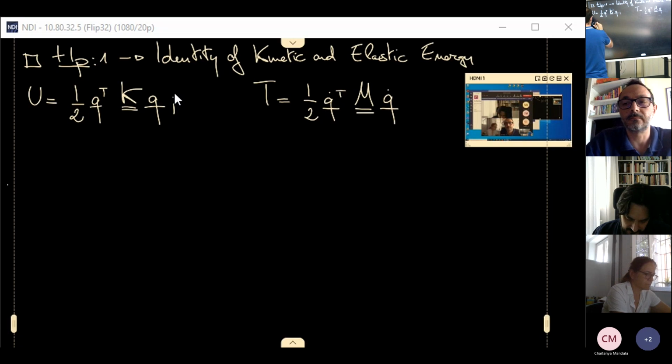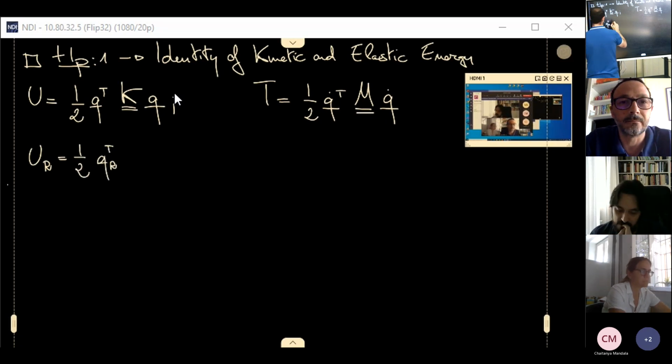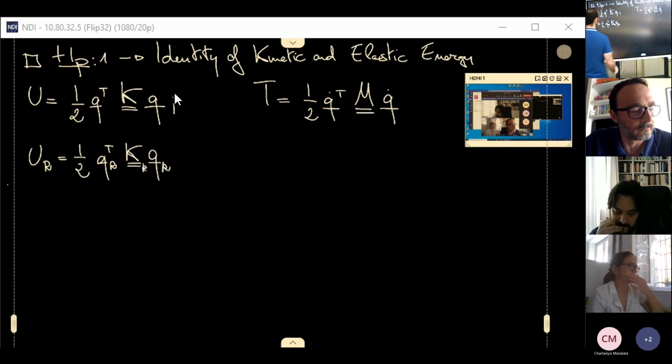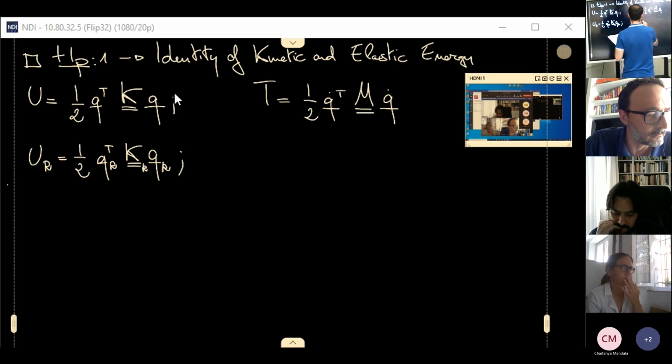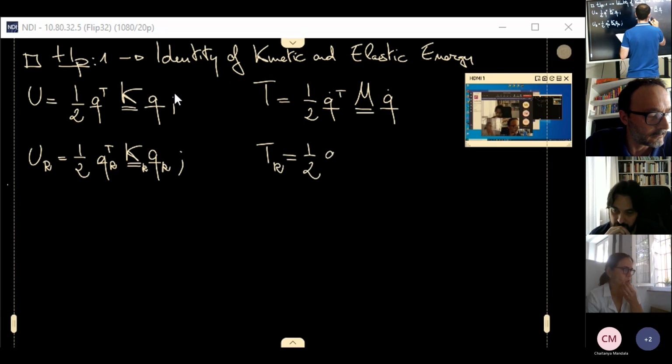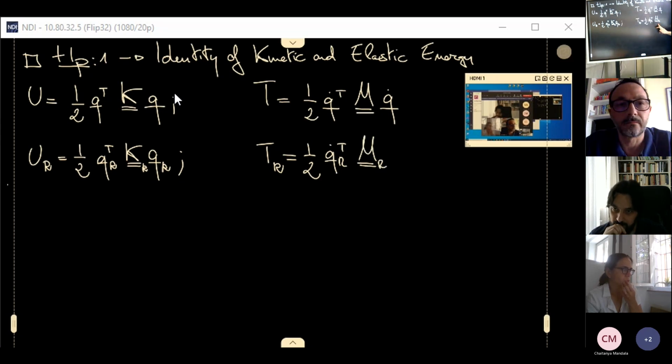In the reduced formulation, sorry, you can denote it UR. This will be, quite not surprisingly, written like so. And, of course, the same goes for the kinetic energy. Where Kr and Mr are the reduced mass and stiffness matrices.